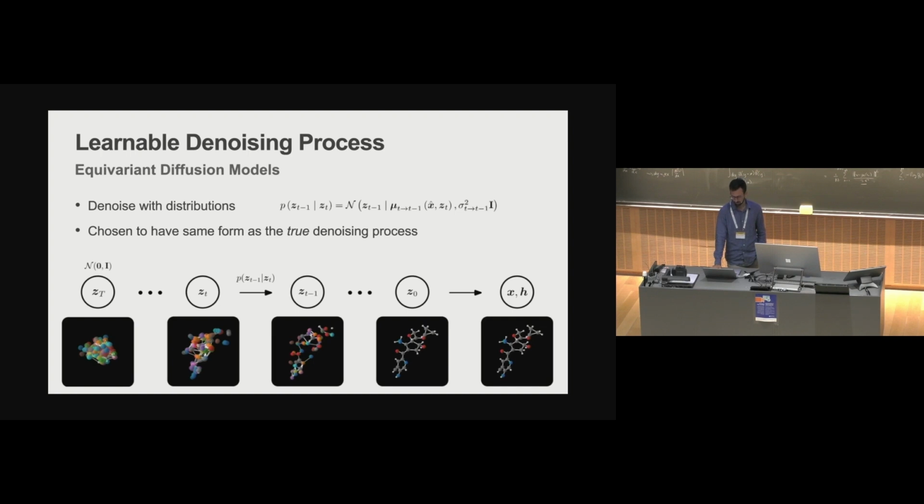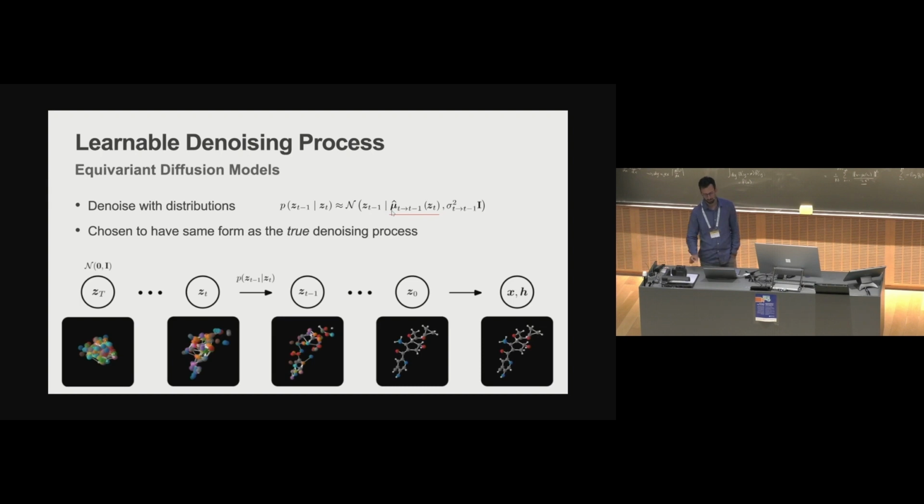Okay. And I haven't understood how you obtain this property of equivariance and invariance in your model. Yes, the equivariance is going to come from the way we model this. It's going to come later in the slides, but just to give you an update before that. We're going to use an equivariant graph neural network in order to model this mean that we are going to estimate.